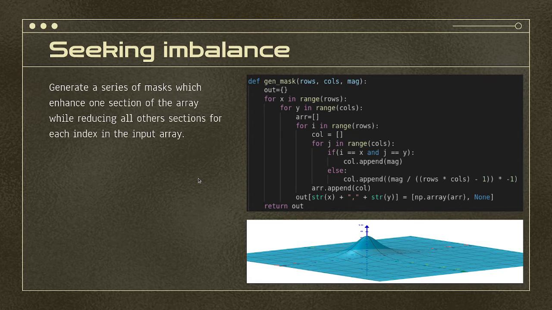So we want to find imbalance. In order to find that imbalance, we're going to create a series of masks, 28 by 28 masks, which are going to enhance a single index of that 2D array.